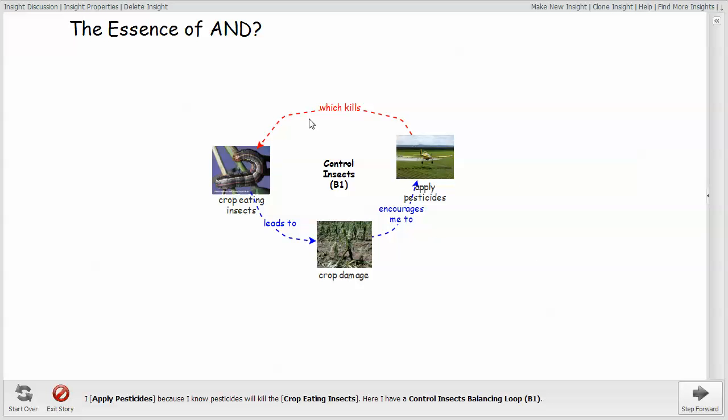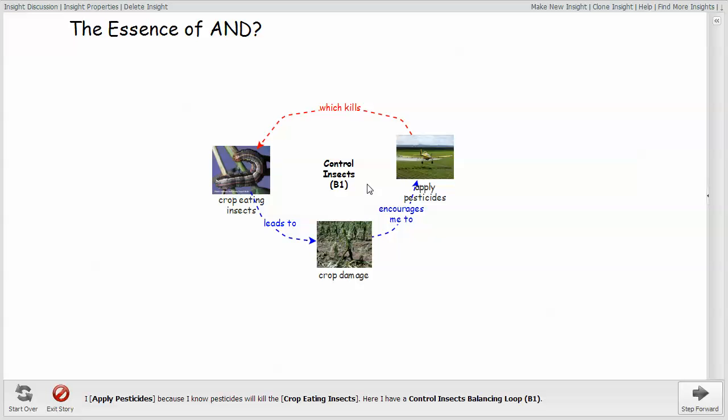So now that I've developed this insect control loop, even though I apply pesticides to kill insects, I find out that year after year I still have to spray. I have to apply more and more pesticides to deal with the insects. So why is it that that's happening, being that I'm applying pesticides to kill the insects?